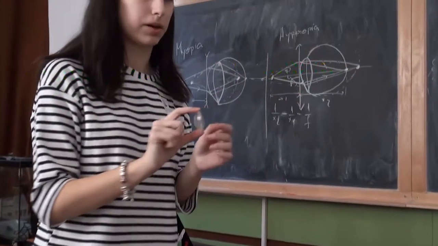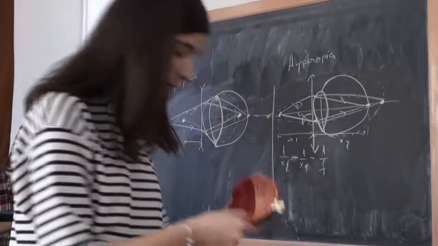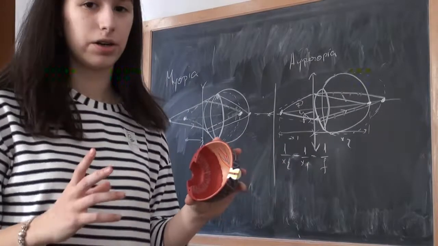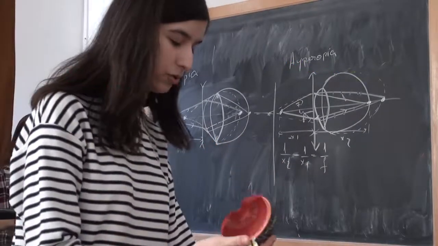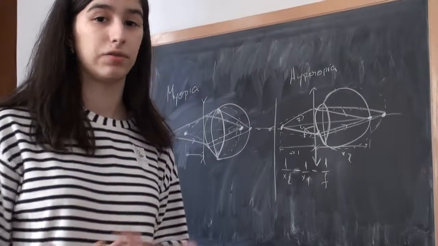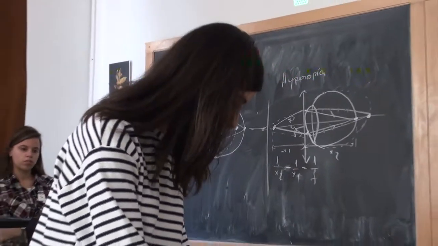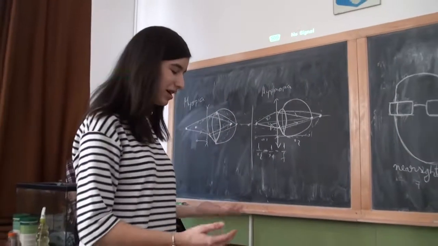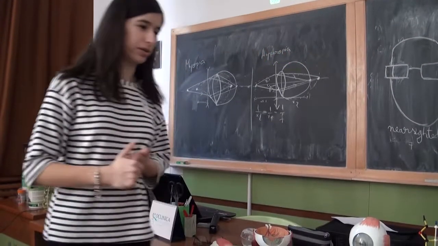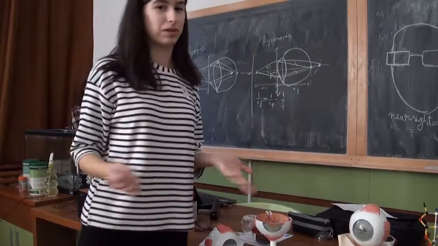Its focal length is about 1.8 centimeters, and the ciliary muscles on the outside ensure that it can enlarge or shorten depending on the distance of the object that we're looking at. And that's about it. The eye is a really complex organ that can ensure our orientation in the world, as well as how we perceive the objects around us.